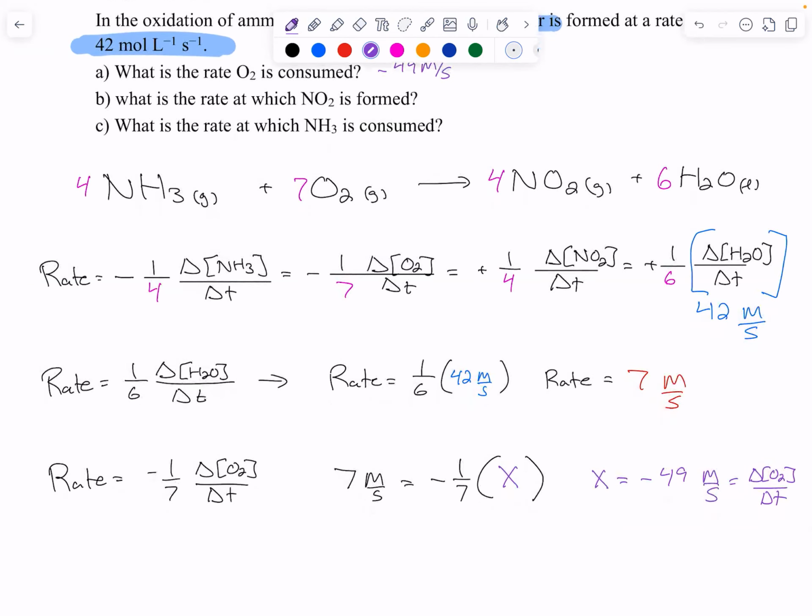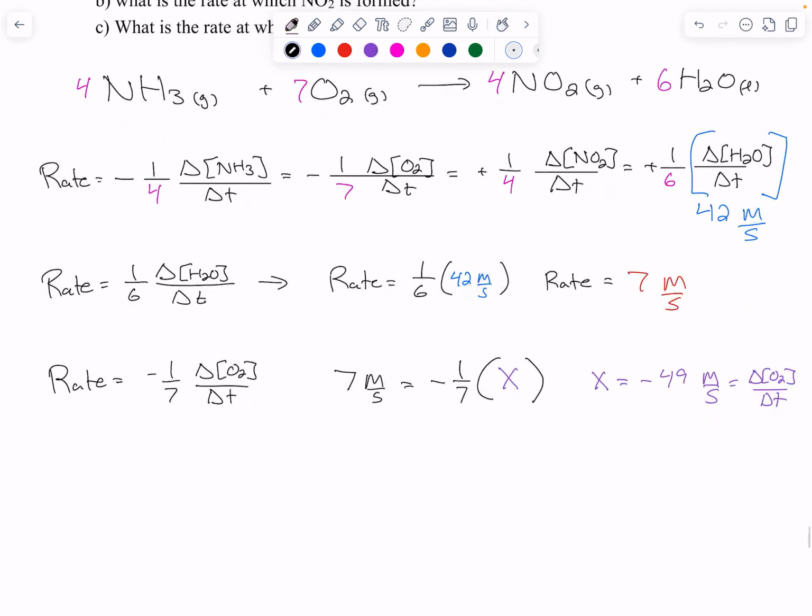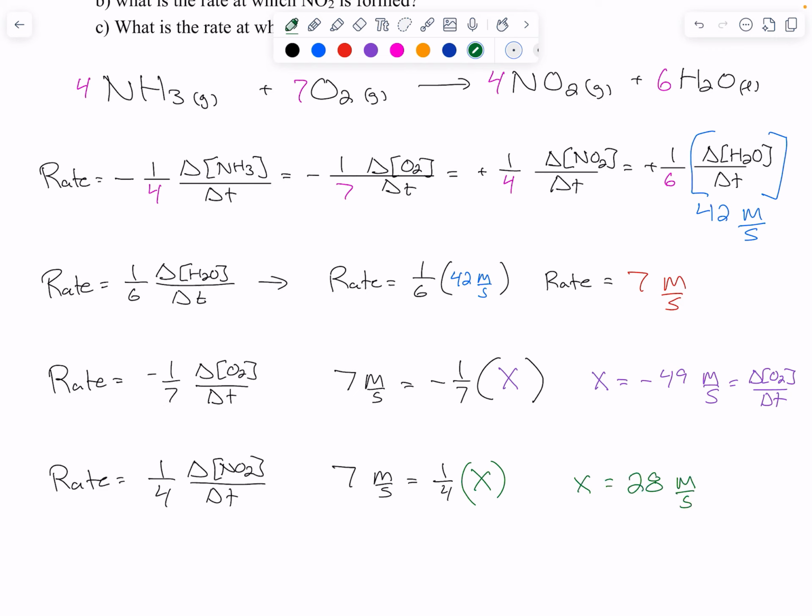NO2 formed, all right, same thing. Rate equals 1/4 the change in concentration of NO2 with the change in time. So that means 7 molarity per second equals 1/4 of whatever NO2 is going to be. So that means X would be 28 molarity per second, which is the change in concentration of NO2, change in time.